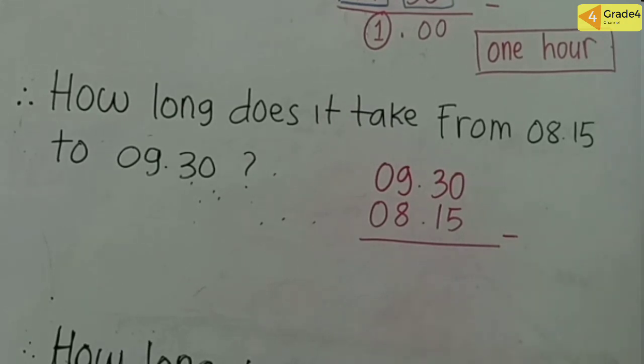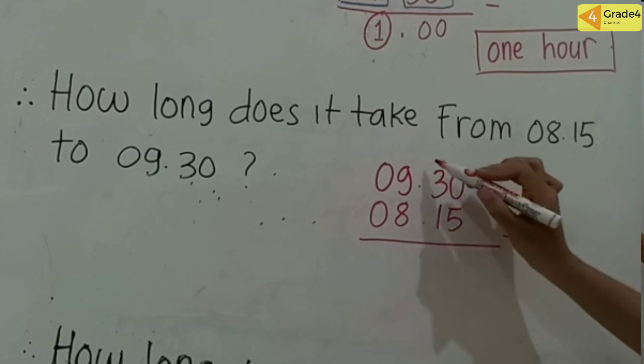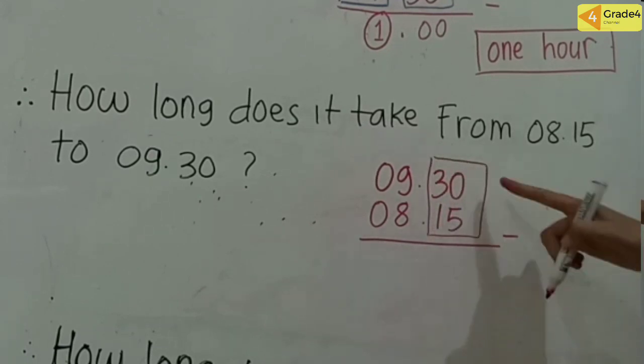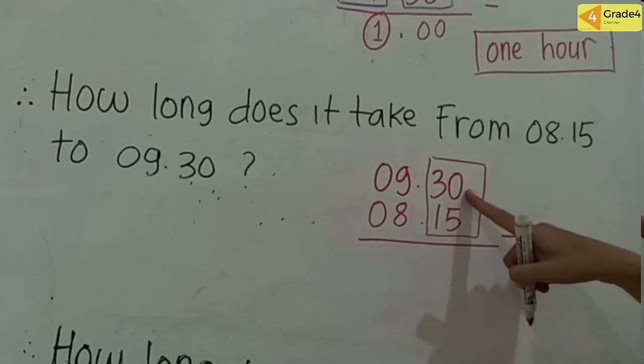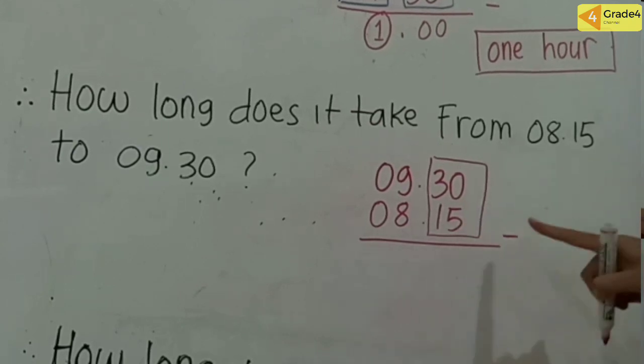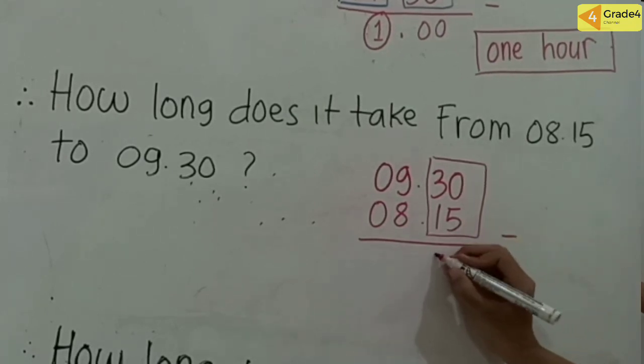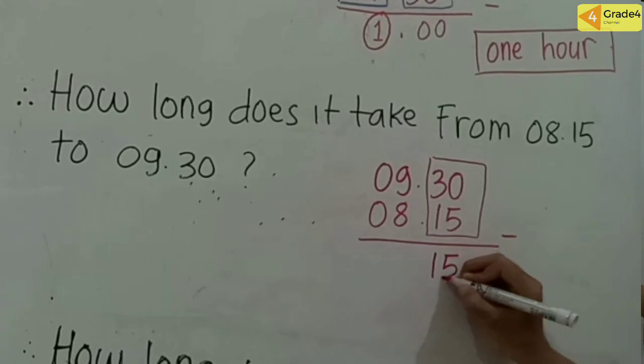We can calculate like this, and we can see this is the minutes. So we calculate 30 minus 15. 30 minus 15, so the answer is 15.